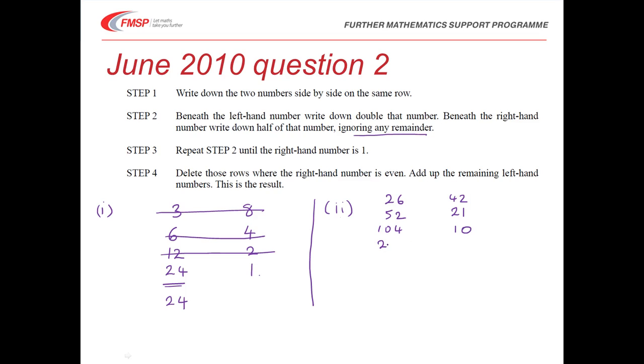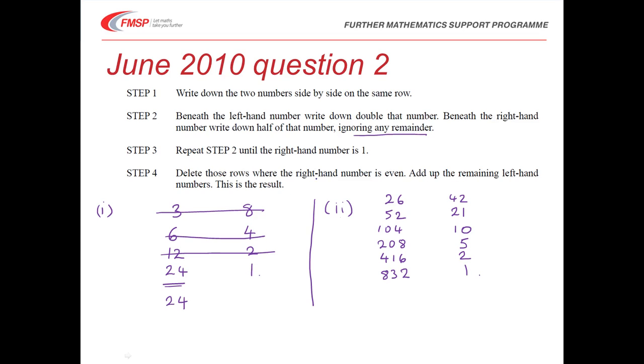Do it again. 208 and 5. We're waiting until we see a 1 on the right hand side. Double it again. 416, and half of 5 is 2.5. Ignore the remainder, it's 2 that we write down. Double this again. 832, and half of 2 is 1, so we can now stop. Go on to step 4.